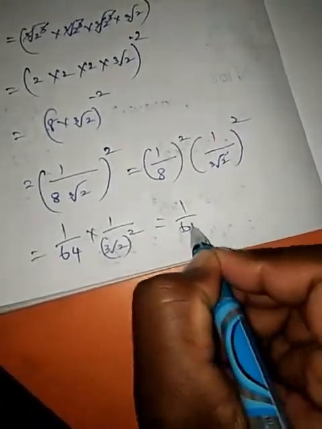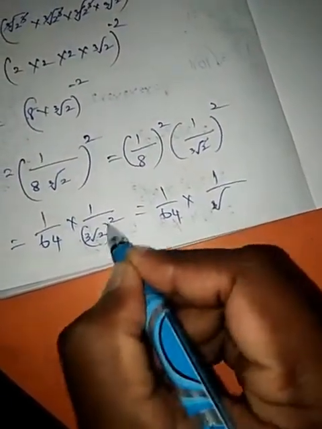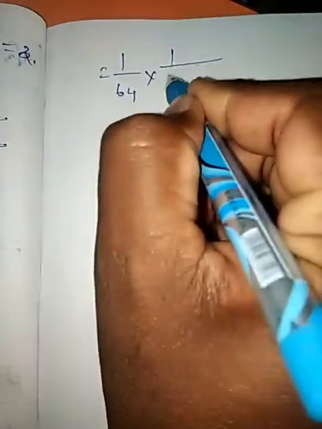Taking the 2 inside the cube root, we get 2 square, which is 4.